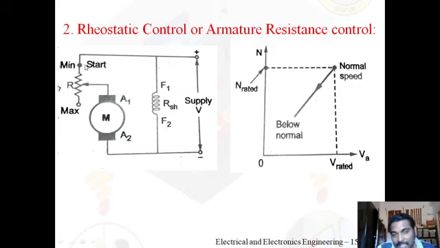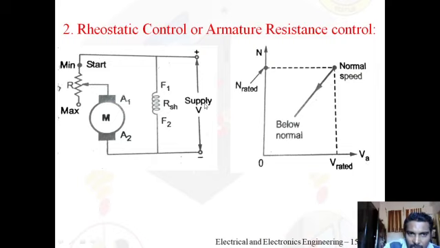Now, let us increase the value of resistance slowly. Let us include some amount of resistance. Let us assume the pointer is at this particular position, so some amount of resistance has been added. Now, what is the speed of the DC shunt motor?